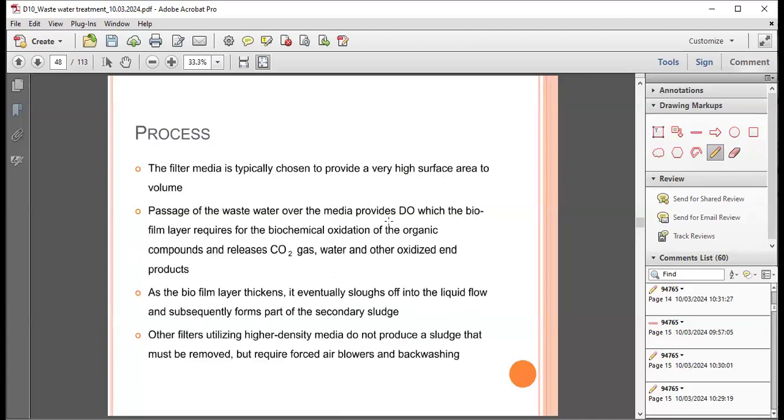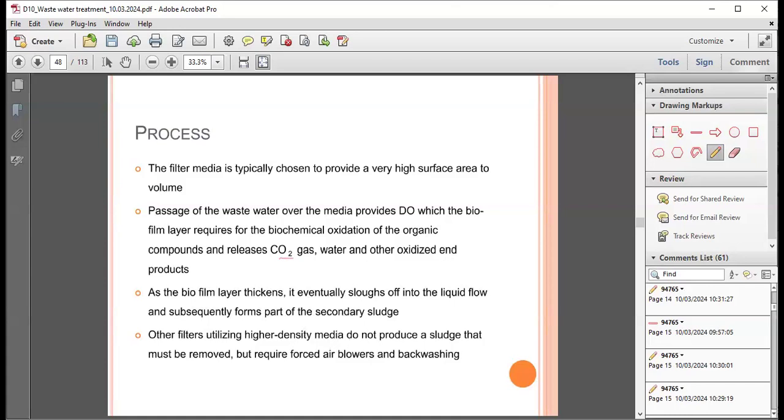Passage of wastewater over the media provides DO, which the biofilm layer requires for the biochemical oxidation of the organic compounds, and releases CO2 gas, water and other oxides and products. As the biofilm layer thickens, it eventually sloughs off into the liquid flow and subsequently forms part of the secondary sludge. So, can you understand what the meaning is?